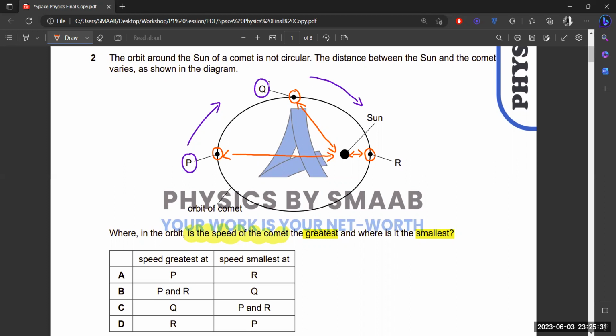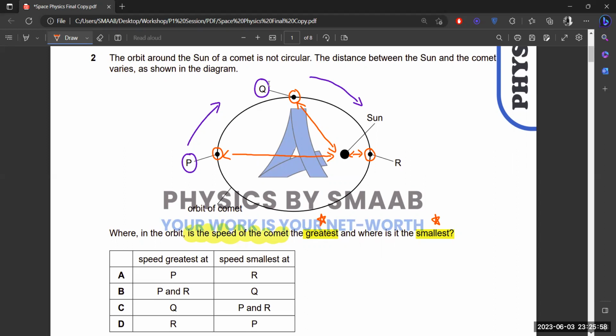So now we need to find where the speed will be greatest and where it will be smallest. What is the importance of the distance from the Sun? Why are they talking about the distance? We know the concept: when the planet or the comet is very close to the Sun, there is a concept of gravitational field.